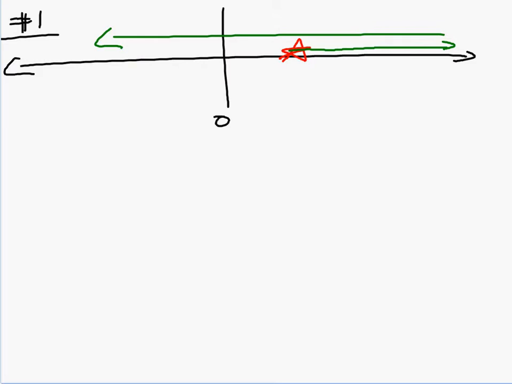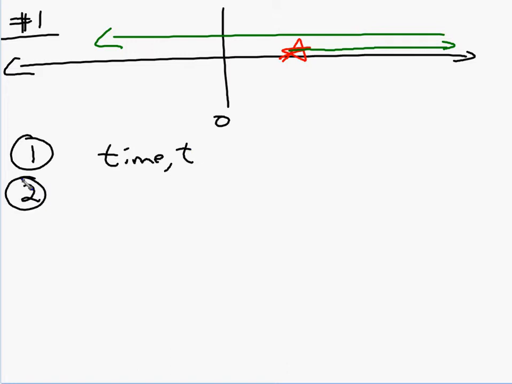True statement number 1. Initially means when time t is equal to 0. So when you see that word initially, the time is 0. And that might sound like common sense, but we need to go ahead and identify it. True statement number 2.